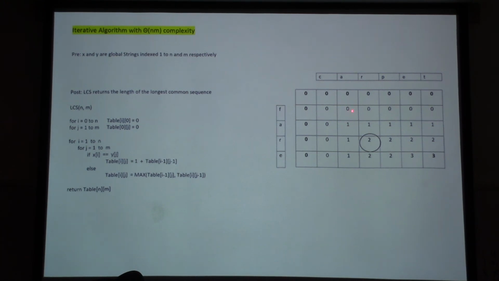So this 0 means that the string F and the string CA have 0 LCS. That's what it means. This one says the string F and CAR have 0 LCS, all zeros. Why? Because F doesn't occur here. But now, what does this 1 mean? This 1 means that FA and CA have an LCS of 1. Well, it just happens because this one is a 1 here.